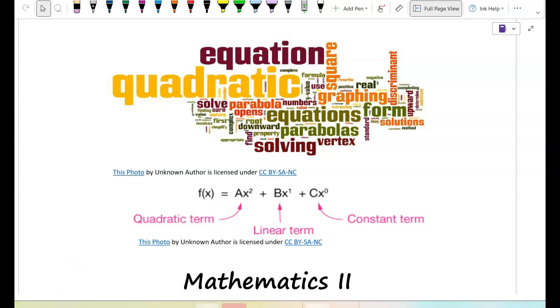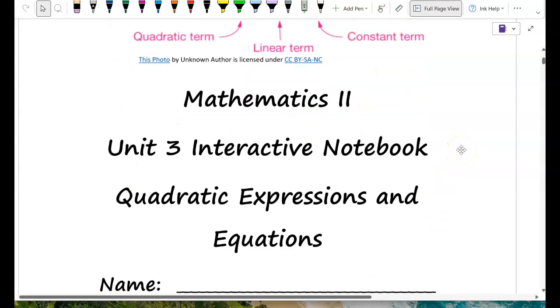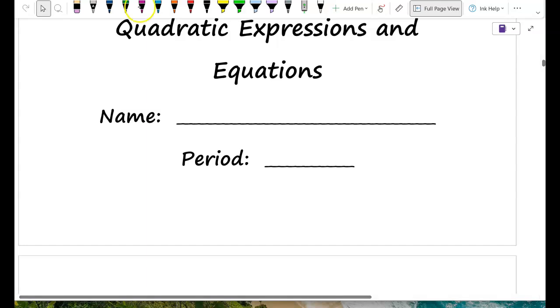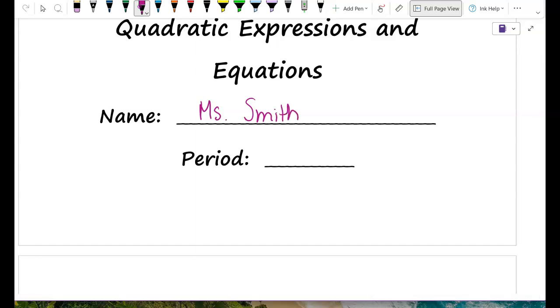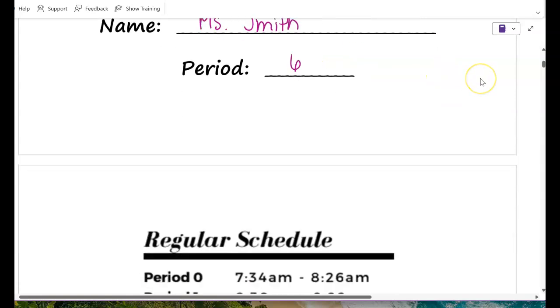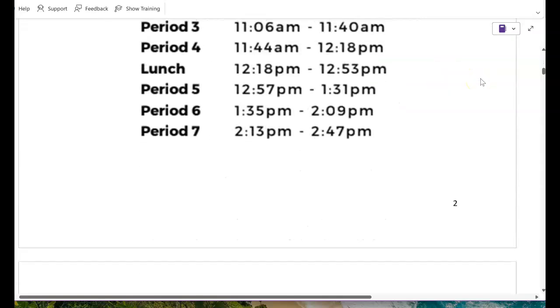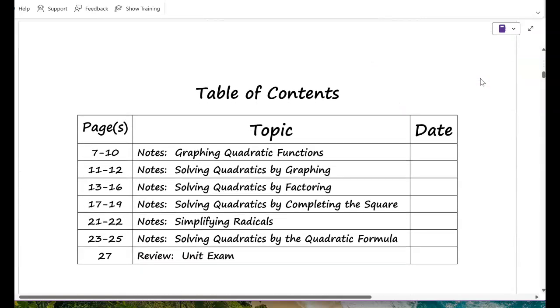All right, so our last unit that we're going to start here is quadratic expressions and equations. Hopefully you've already put your name on the front of your packet. And as always, I have the bell schedules, table of contents here.